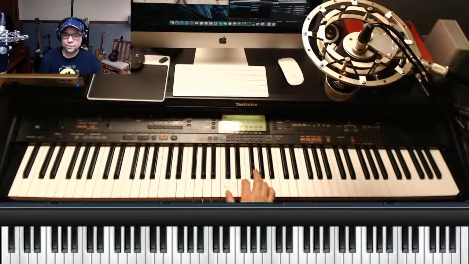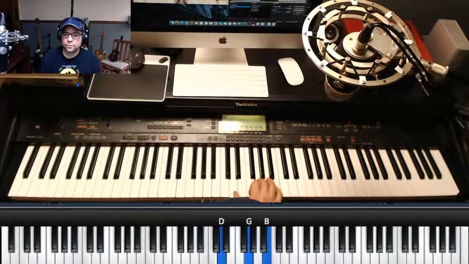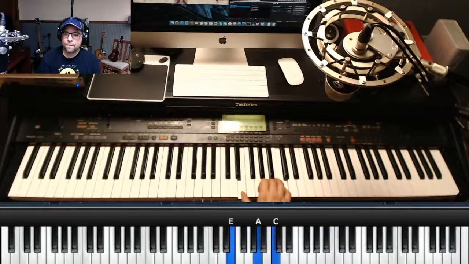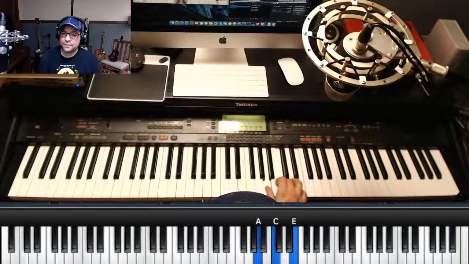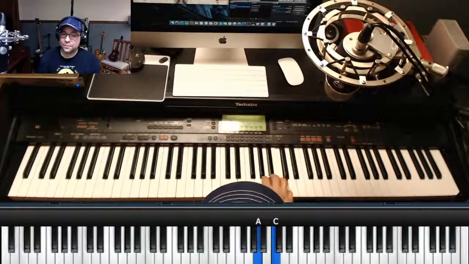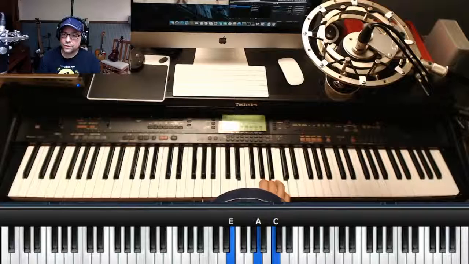All right, try one more time. Our F chord, our G chord, and our A minor chord in second inversion. If you remember, when we did the A minor in root position, A minor was A, C, and E. And because we're in second inversion, we move the last one down an octave to the lower E, and we get that 6/4.